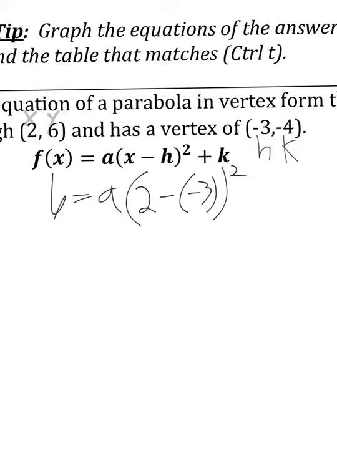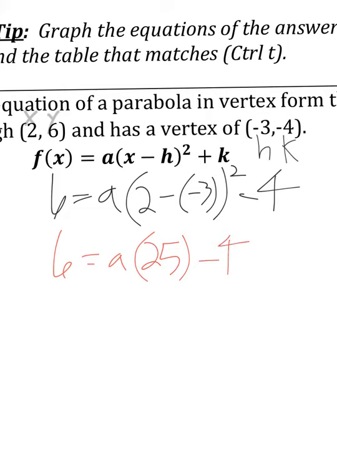I'm not going to write plus negative 4, I'm just going to write minus 4. All right, so we have 6 equals a times, let's see here, this is 2 plus 3, that's 5, and 5 squared is 25, minus 4. So let's just clean this up. It should say 25a, not a25.